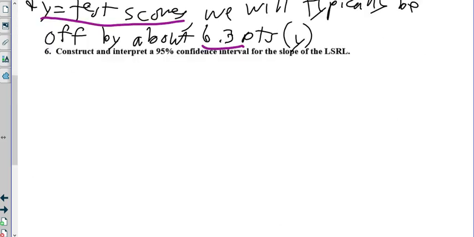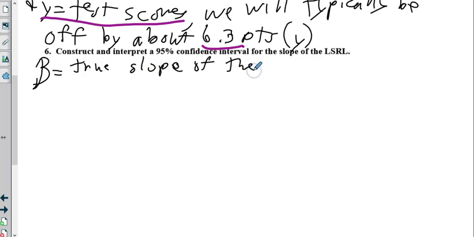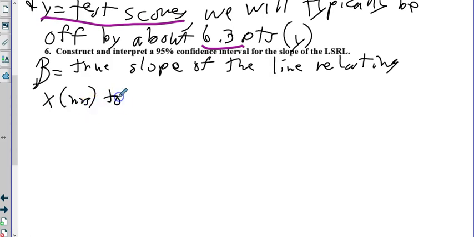Okay, construct and interpret a 95% confidence interval for the slope of the LSRL. So we do our fancy looking B. We make it kind of curvy and cute as you want it to be. And this is our kind of basic statement. The true slope of the line relating X hours to Y scores.